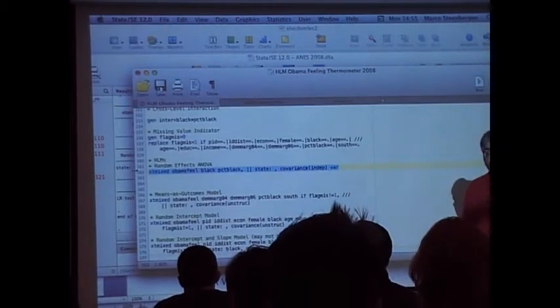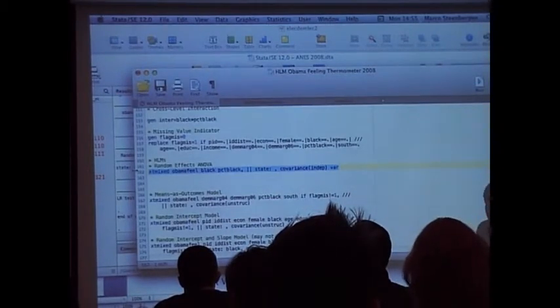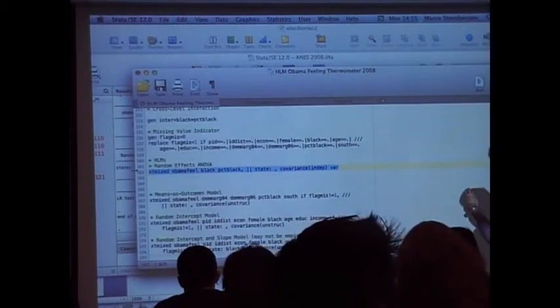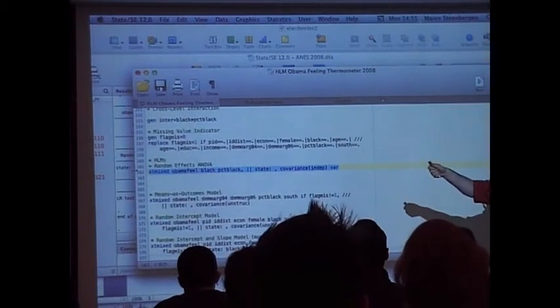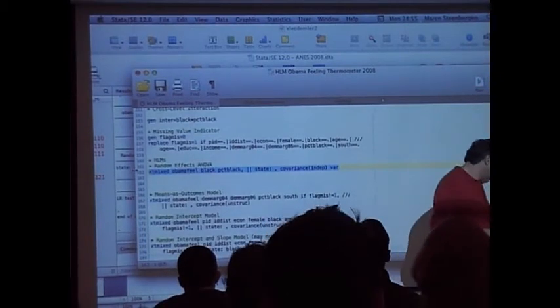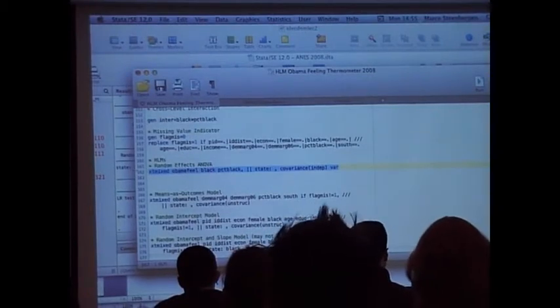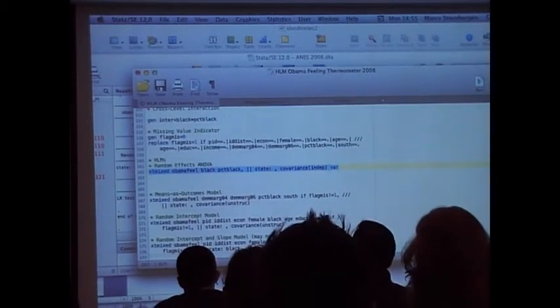But it could stay the same. If percent black is irrelevant, it could stay the same. If percent black is actually highly relevant, then the variance component should come down. So let's see what it does.